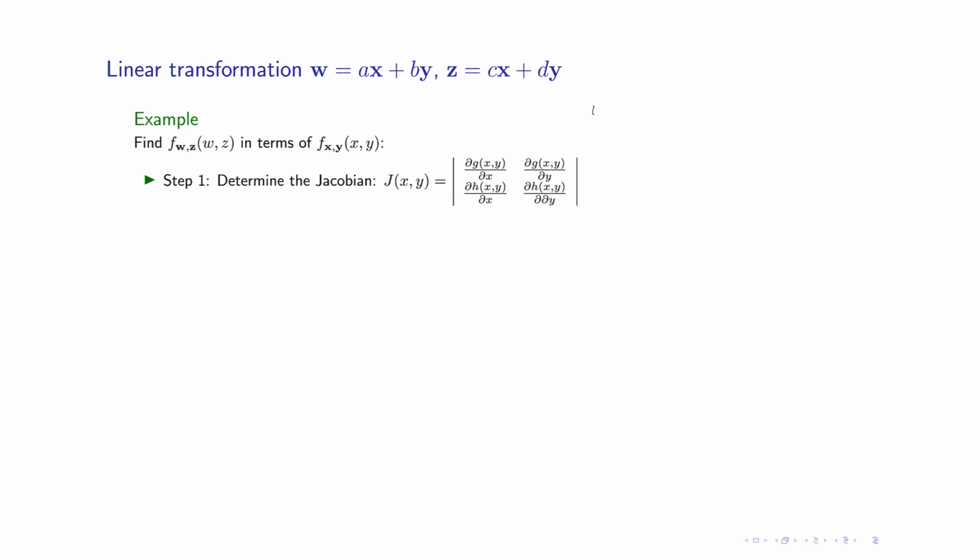So the first step is to basically solve W equals AX plus BY and Z equals CX plus DY.